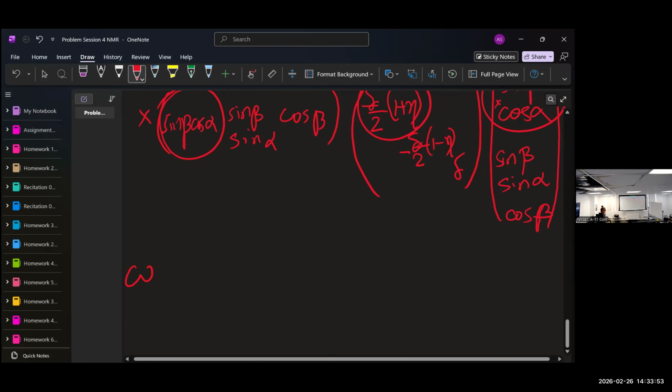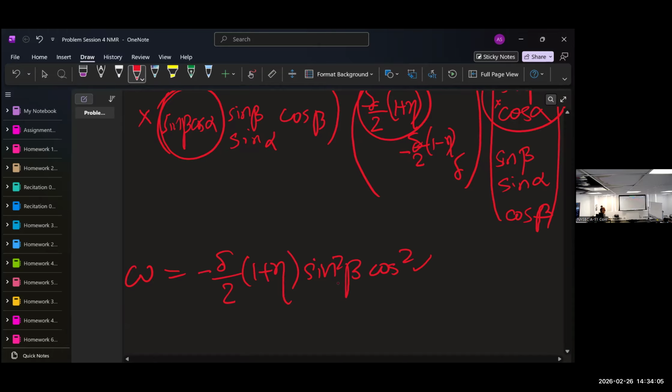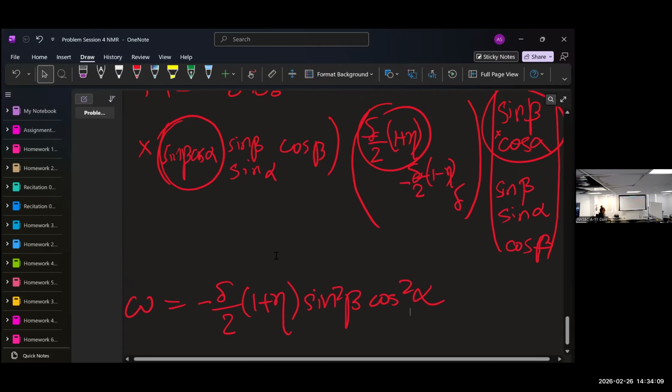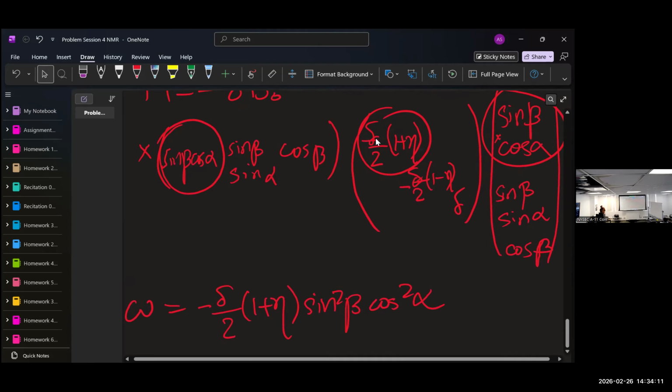I'm just going to drop gamma B naught here because it's divided by h bar, and get the frequency. So the first term is minus delta over 2, 1 plus eta, sine squared beta cos squared alpha. Right? So that is this, and then that.